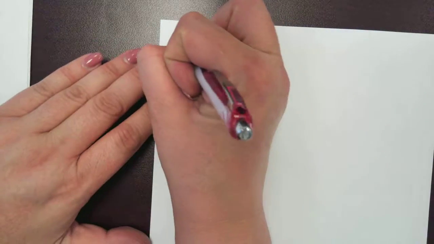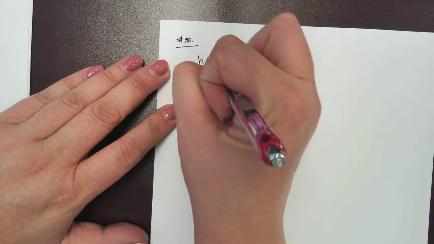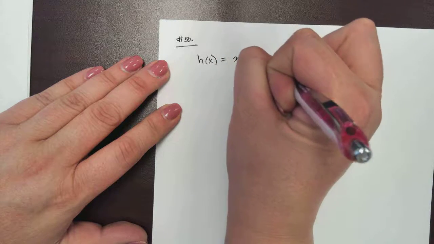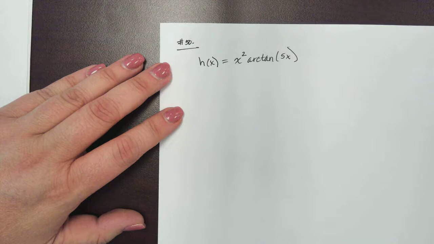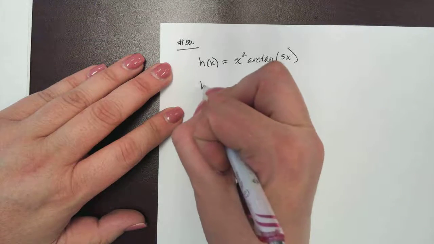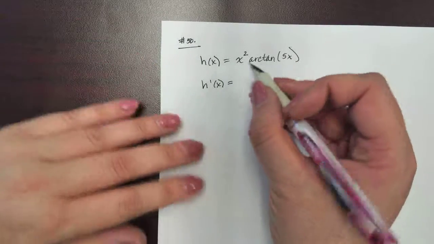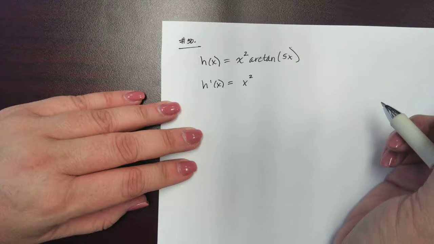Okay. Now let's look at number 50. h of x is equal to x squared arctan of 5x. What is different about this one? Product rule. So h prime of x is going to equal x squared times the derivative of arctan of 5x.